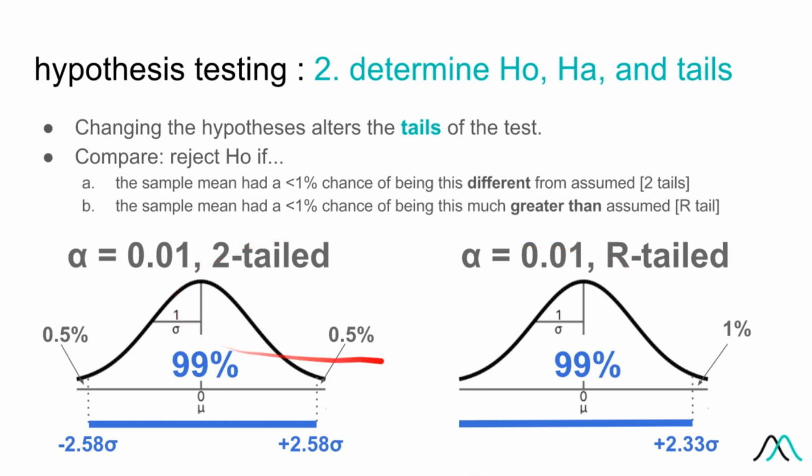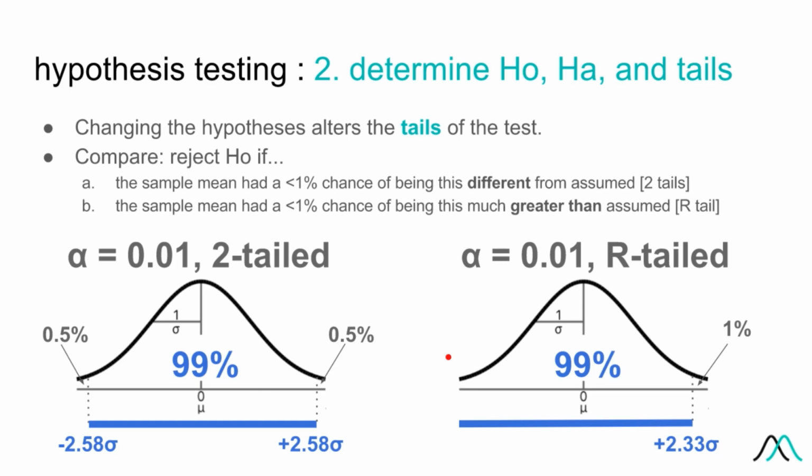Visually then, changing from 2 down to 1 tail, holding our alpha constant, changes the location of the likely versus unlikely ranges on the SMC. That is, a one-tail test shifts all of the unlikely range into one tail, since a sample mean in the opposite tail no longer would disprove our null hypothesis.